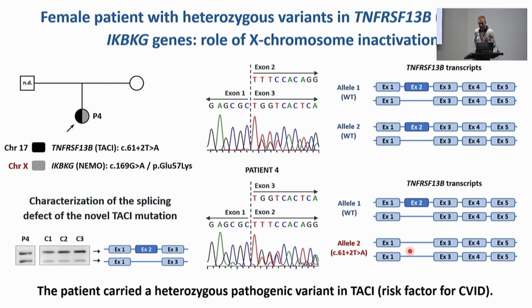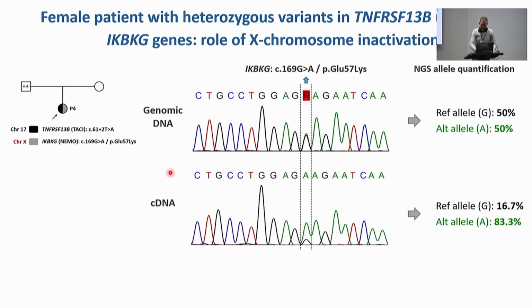These monoallelic pathogenic variants in TACI are considered risk factors for CVID and could not be considered causal factors by themselves. So then we analyzed this missense variant in NEMO that has been previously published as a hypomorphic variant, so a variant that slightly impairs the function of NEMO.